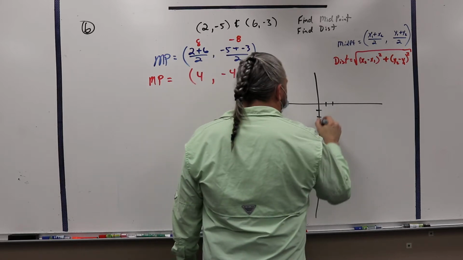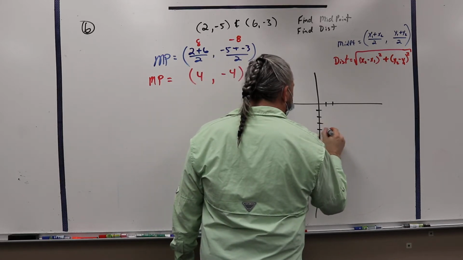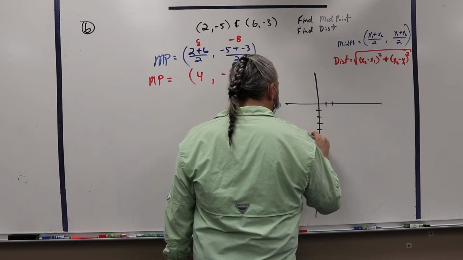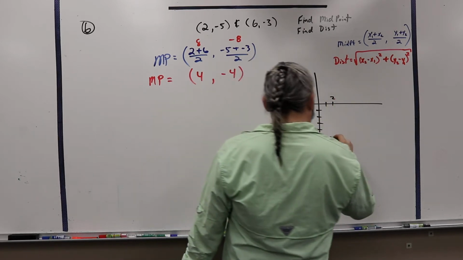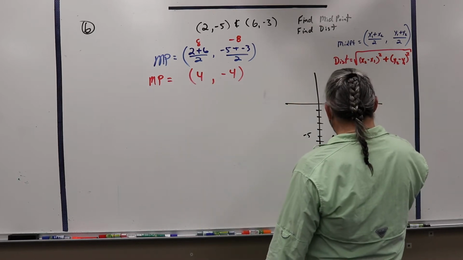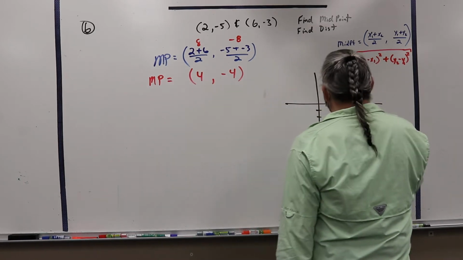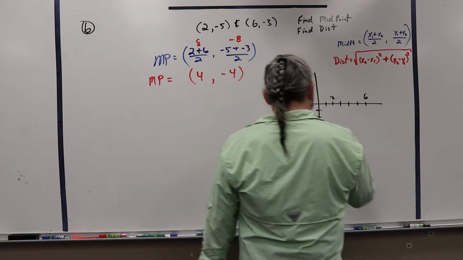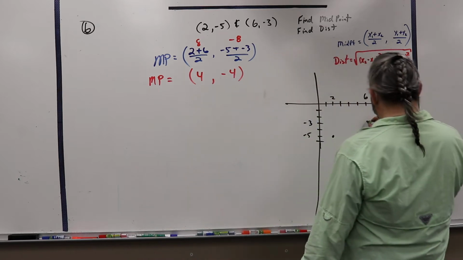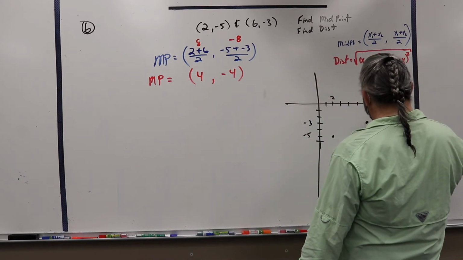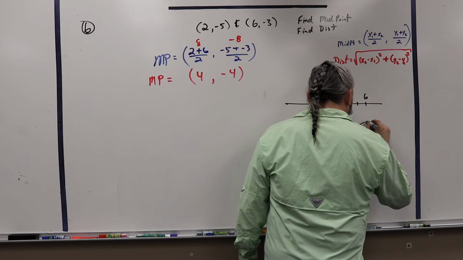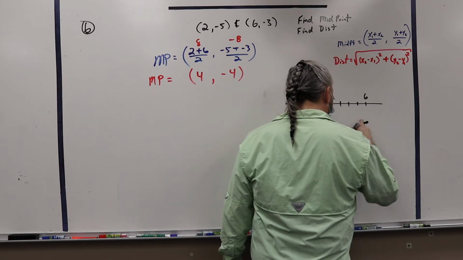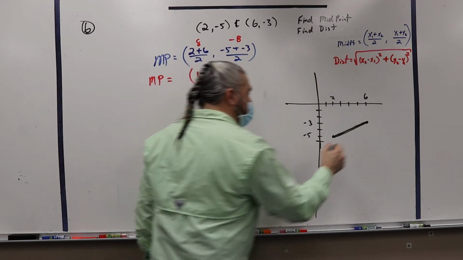So this is 2, negative 5. So we're at like right here. And then 6, negative 3. Does that make sense?